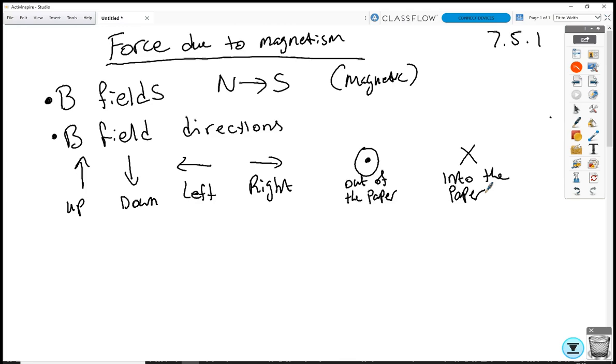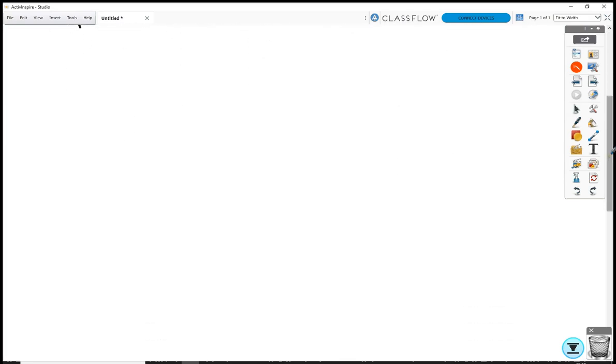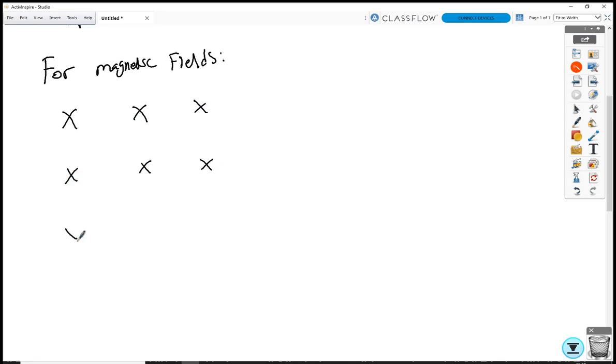Typically when we talk about magnetic fields, we're going to look at uniform fields or regions that are uniform fields, so small regions. So we'll do 2 examples of what these fields will look like, which are going to be the new versions of fields that you haven't seen before. For magnetic fields, we'll do 2 uniform fields. So here's one, which is an into the paper field.